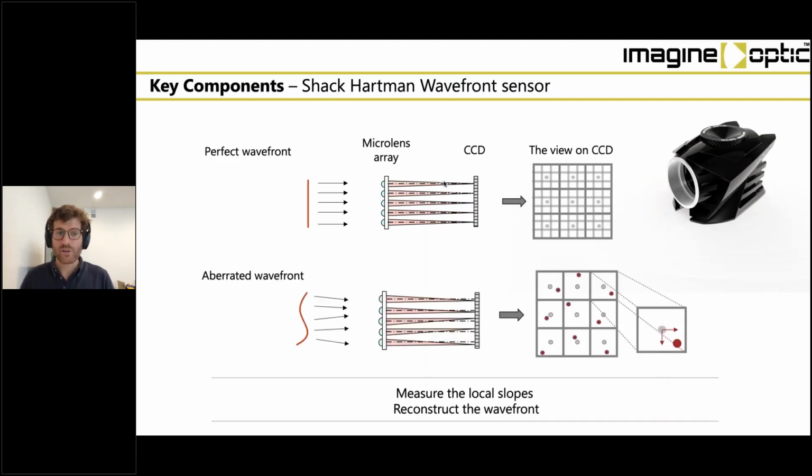But in the case of an aberrated wavefront, because locally the wavefront will be slightly tilted, each microlens will focus the local beam slightly displaced on the CCD camera. And by measuring how tilted it is, by measuring the displacement of the focus point in X and Y, we can reconstruct the wavefront. This is for the detector.